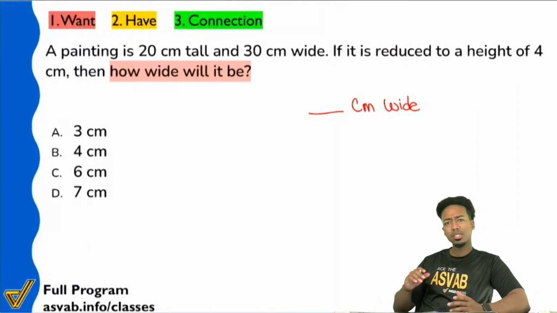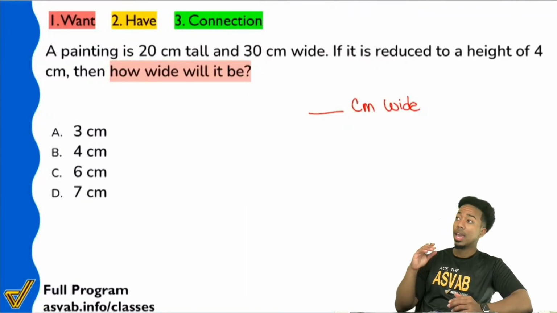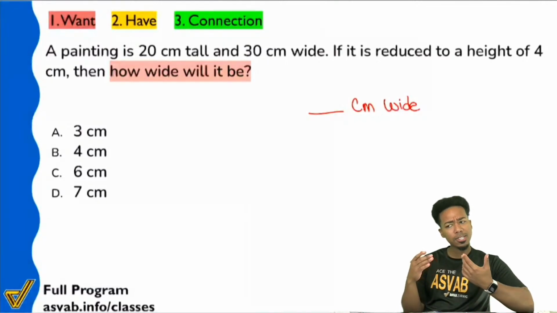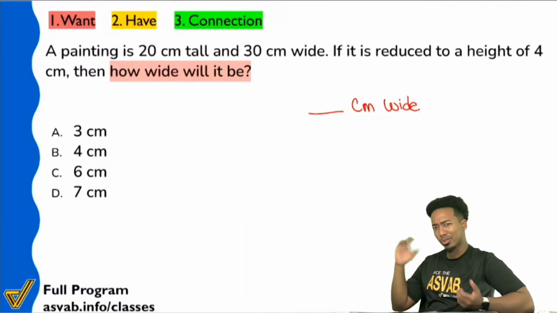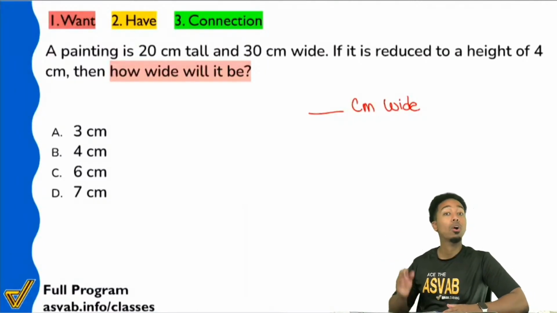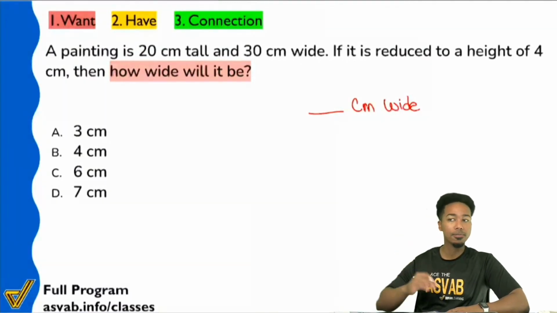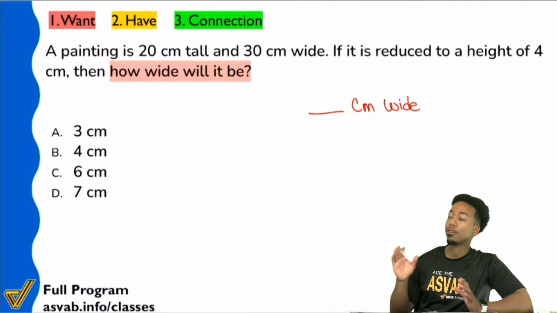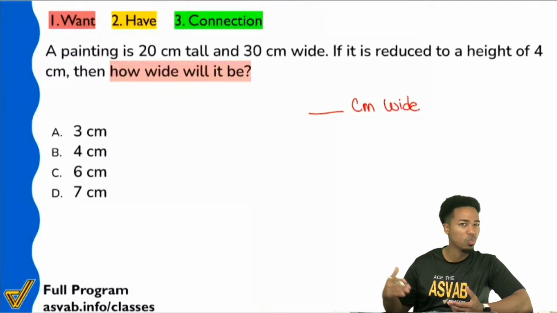And notice that this is a very similar question to the point where, hey, there's the word if. There's information that's connected to what we're trying to find. Take advantage of that. Always notice the word if. The word if 99 times out of 100 will give you a very big clue or connection that you want to make.